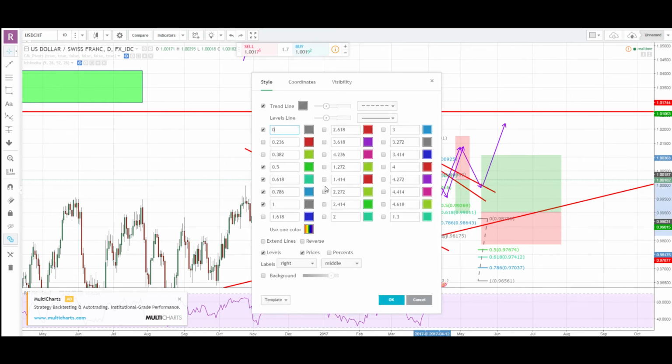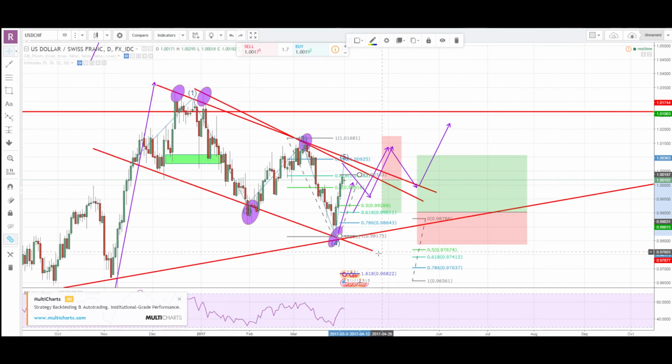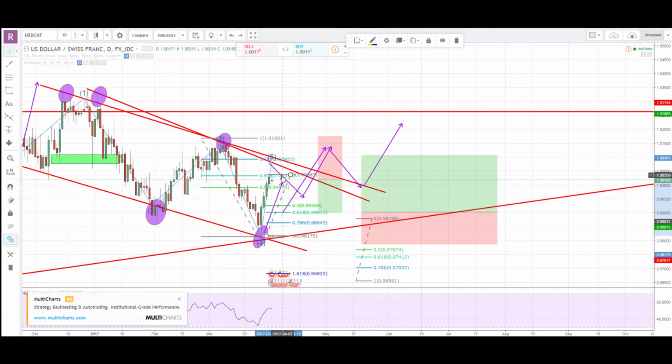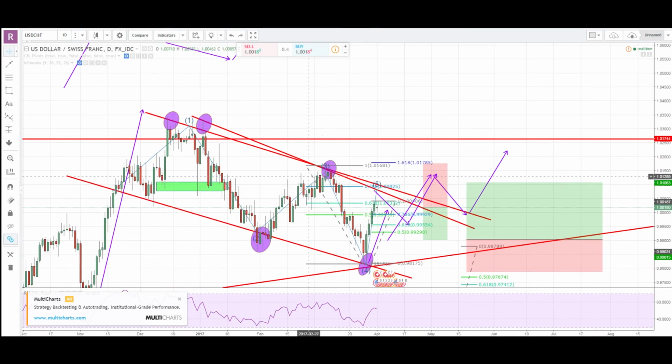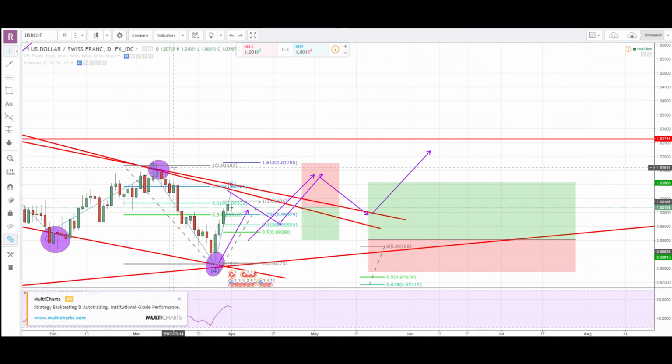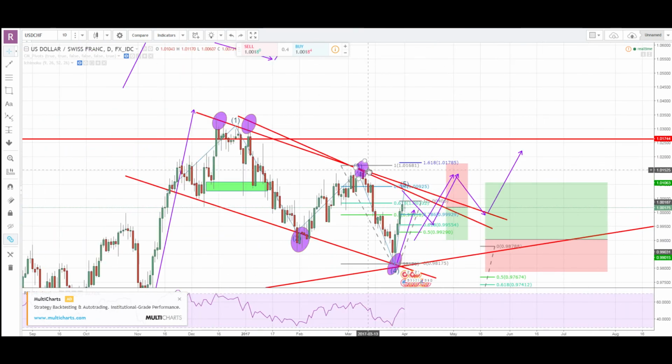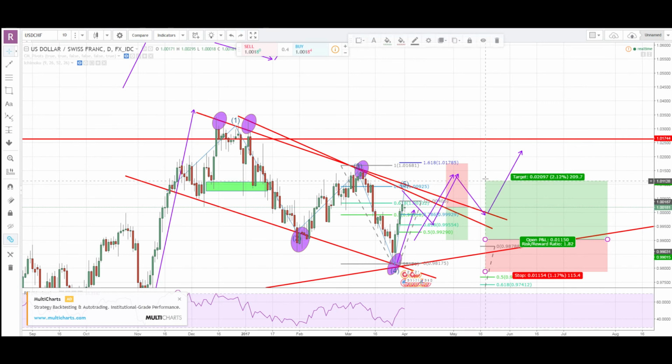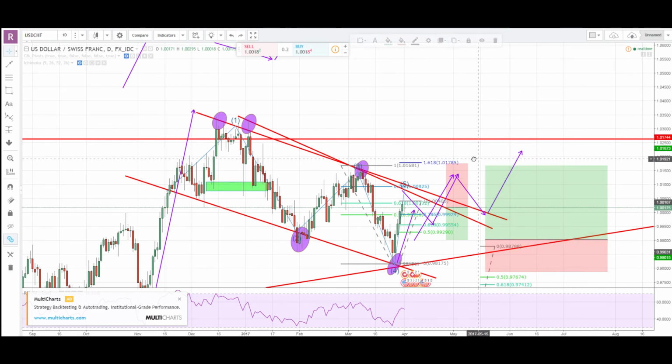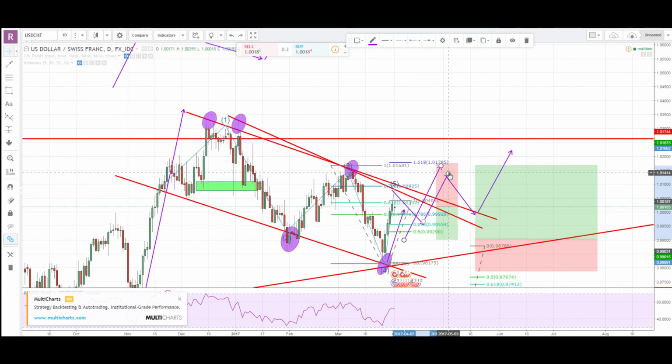So let's see, 1.618 is here, which is our completion. Yeah, I think it's more reliable, this one. So it will be like this. Probably price will reach this level and then retest it, something like that.